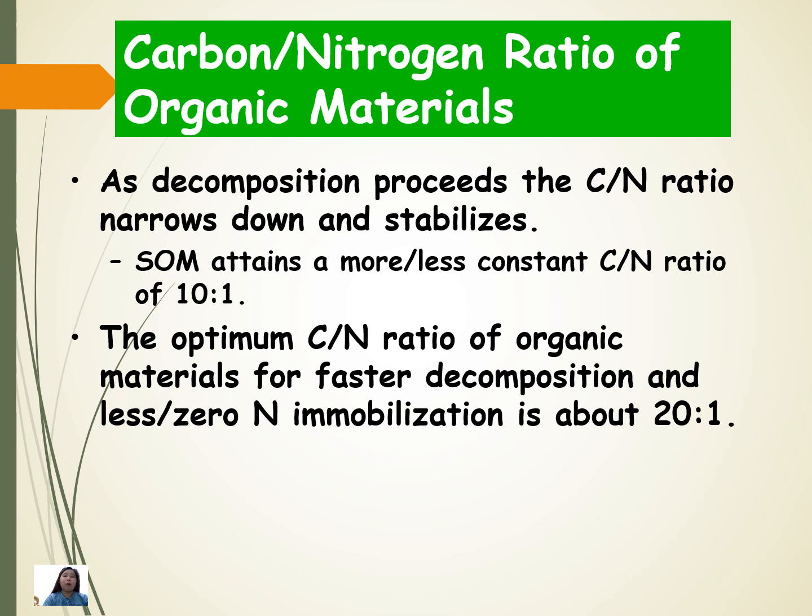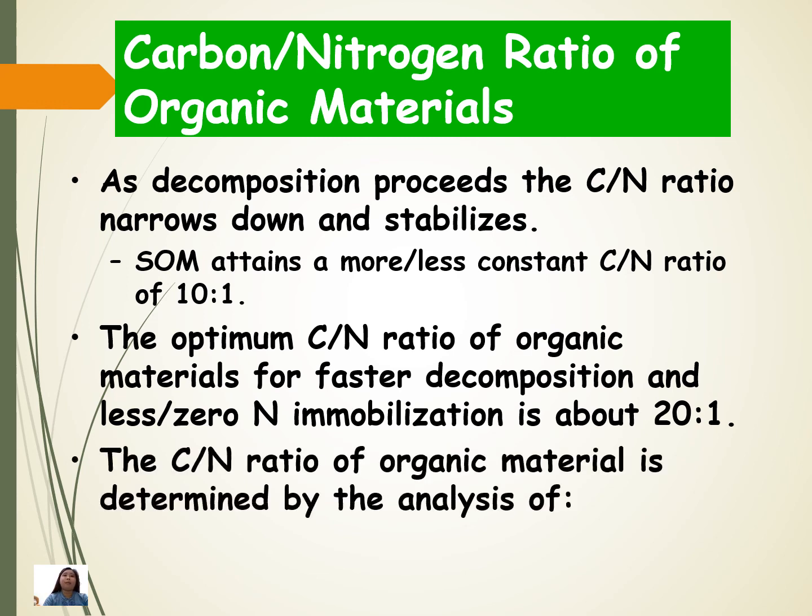Why do we desire less or zero N immobilization? That is for the nitrogen to be available for plant uptake. The carbon to nitrogen ratio of organic material is determined by the analysis of the total carbon and nitrogen.